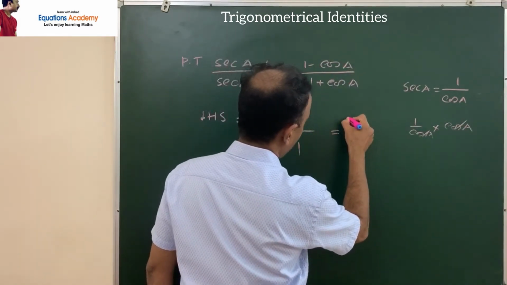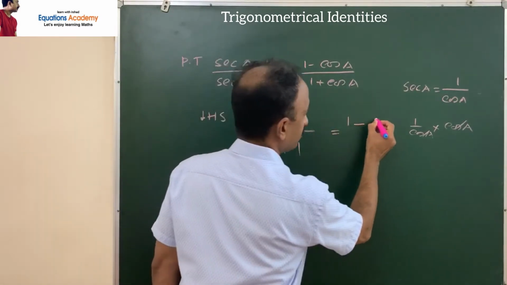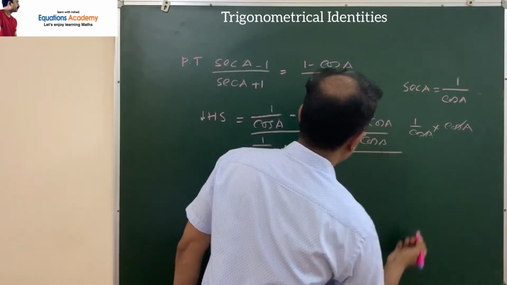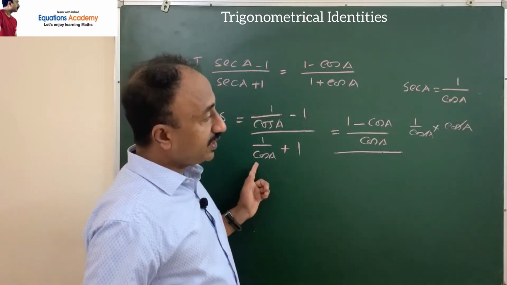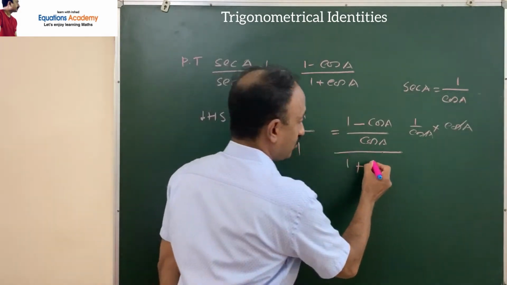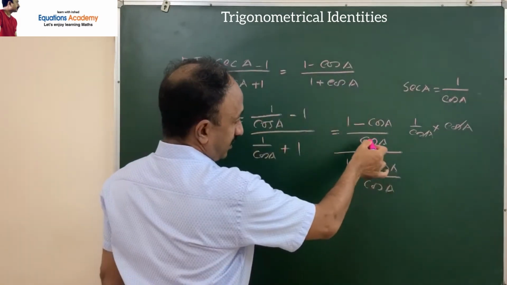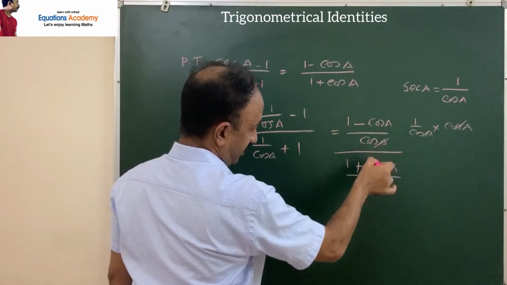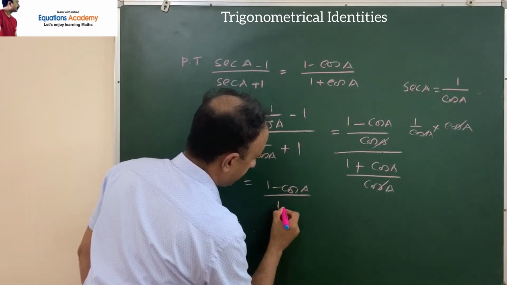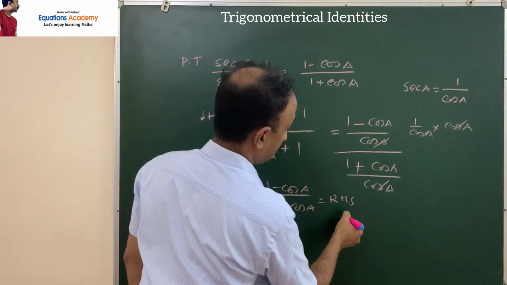This becomes 1 minus 1 into the LCM cos A, which is cos A, divided by 1 divided by cos A into the LCM cos A. It is 1 plus 1 into LCM cos A, which is cos A. Here the denominator cos A, here also cos A gets cancelled. This is equal to 1 minus cos A divided by 1 plus cos A. That is what we have to prove. So this is equal to the RHS.